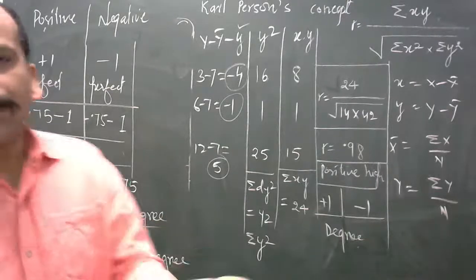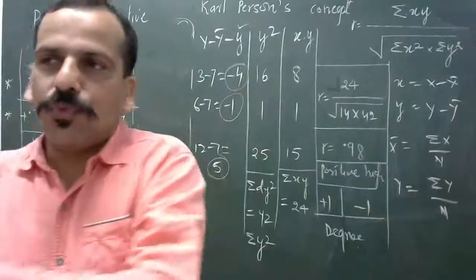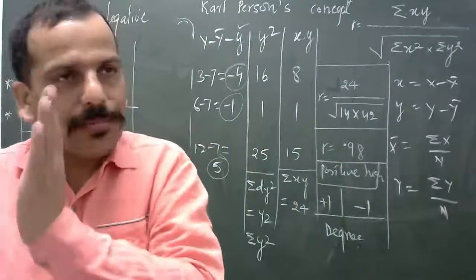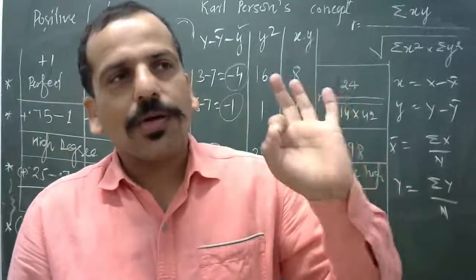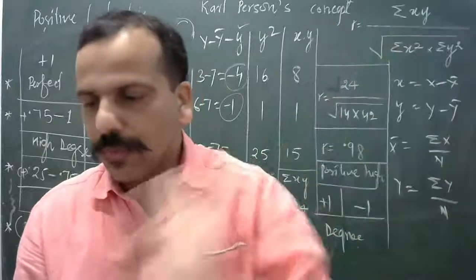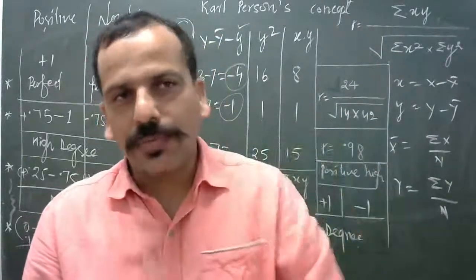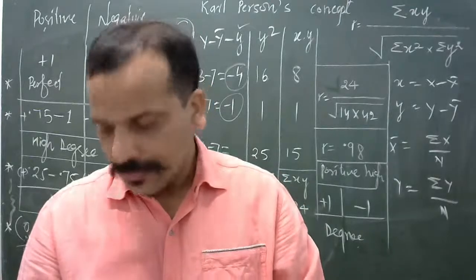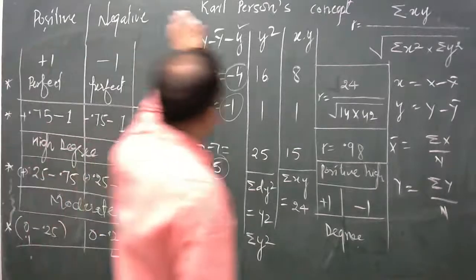I will not mention what formula you have to use or by what method you have to solve. Let there be a question: find out the correlation from the given information. Then it is your choice to apply the direct or shortcut method. I am going to share with you that particular formula.